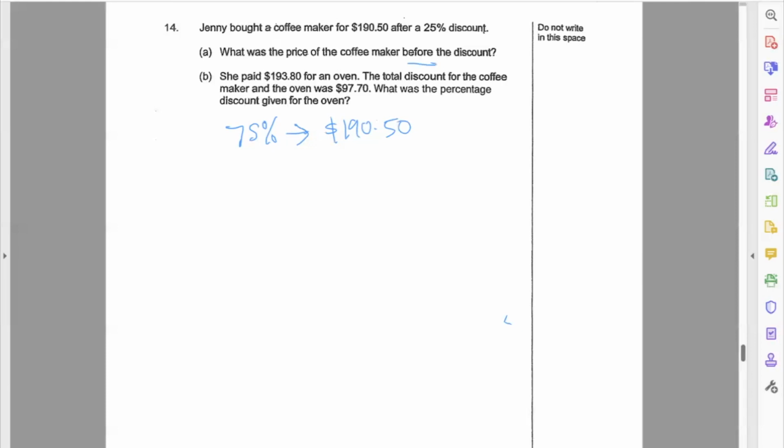So to find 100%, there's a few ways you can do it. I'd prefer you to do it this easier way, because 100% and 75% can both be divided by 25.